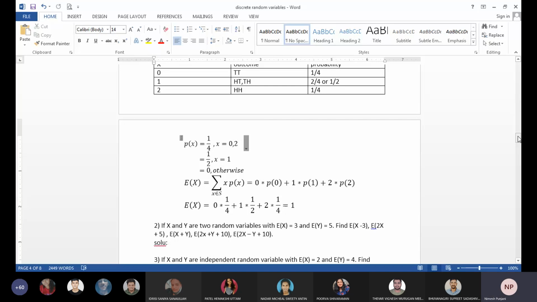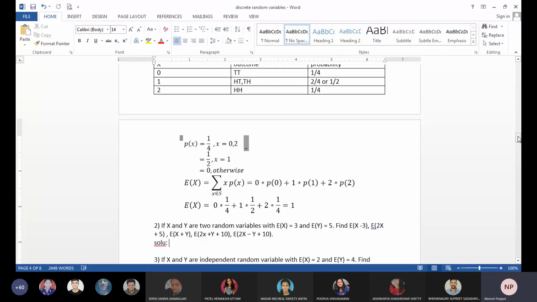What we are supposed to find is expected value of x minus 3, expected value of 2x plus 5, expected value of x plus y, expected value of 2x plus y plus 10, expected value of 2x minus y plus 10. 1, 2, 3, 4, 5. Five things we are supposed to calculate in sum number 2.